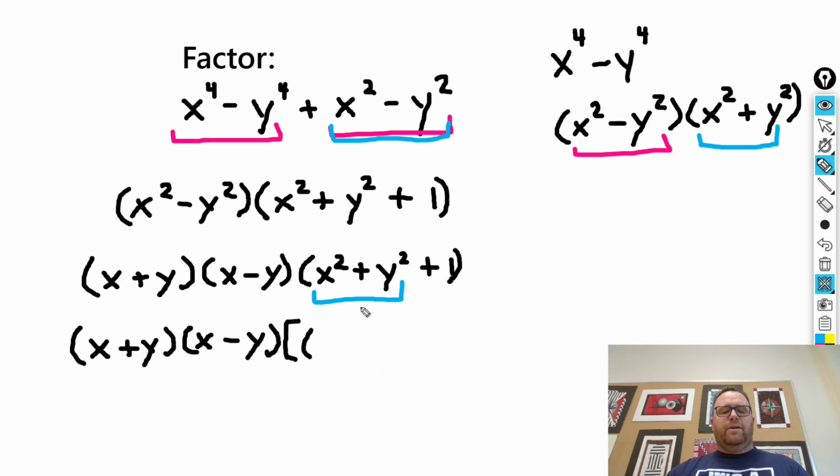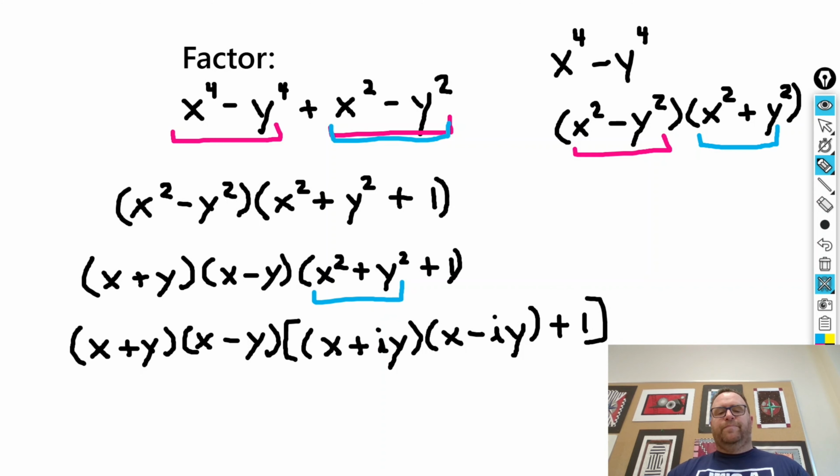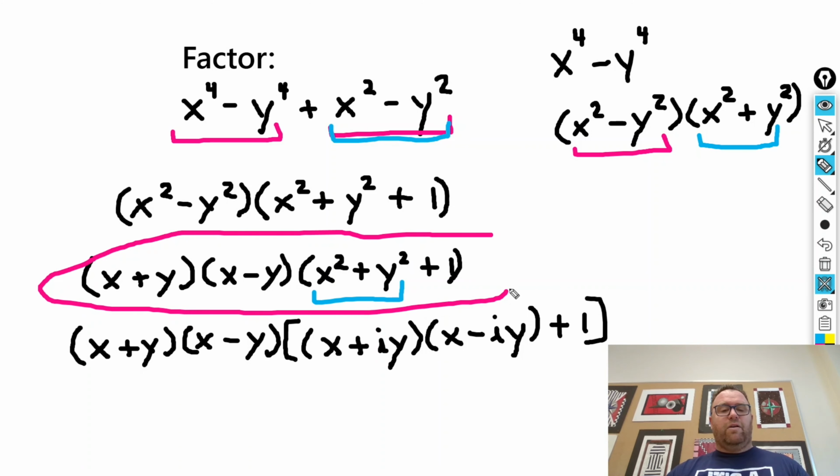And then this part here would factor into x plus i y times x minus i y. And then we have the plus 1 outside of that. And then let's close the square bracket here. So yeah, if you really wanted to break this part apart into the imaginary components, you could do that. Probably this is as far as I would go.